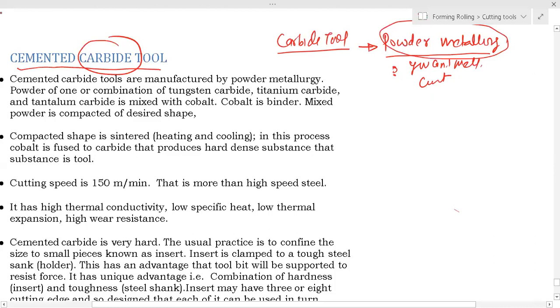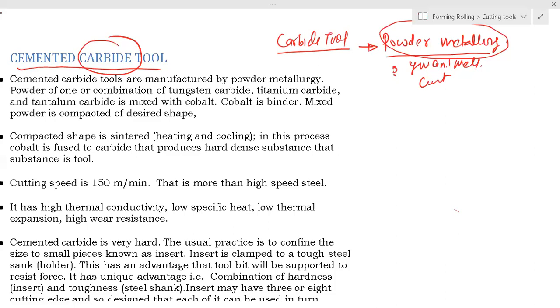For the time being, understand that in powder metallurgy we make fine powder of the metal, and there are various techniques to make powder, whether electrolysis or spraying liquid metal. There are different methods to make the powder.